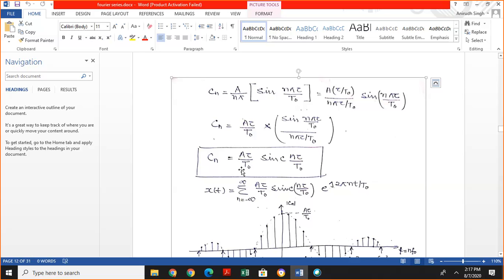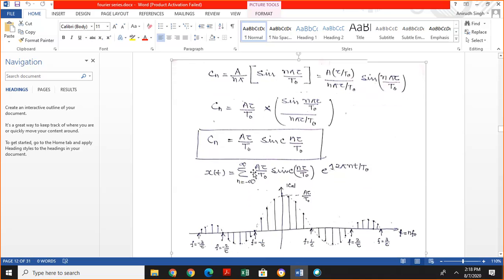So we get A tau by T naught multiplied by the sinc function of n tau by T naught. Here you see that sine n pi tau by T naught divided by n pi tau by T naught is equal to sinc n tau by T naught. This pi is not in the sinc equation.